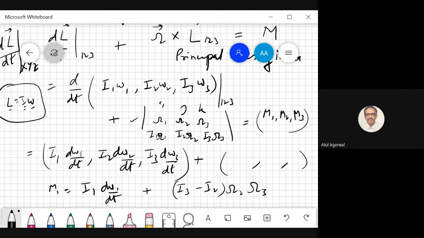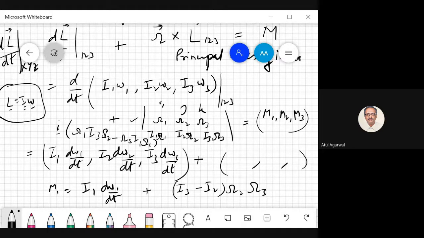Suppose I just pick the I term: omega 2 I3 omega 3 minus omega 3 I2 omega 2, that is, I3 omega 2 omega 3 and so on.